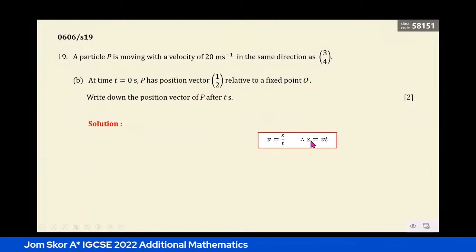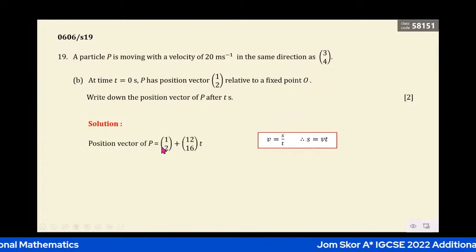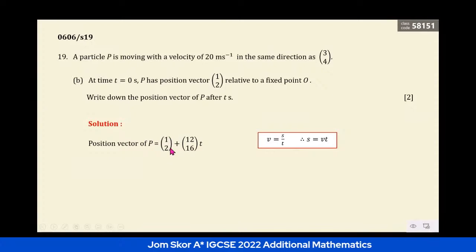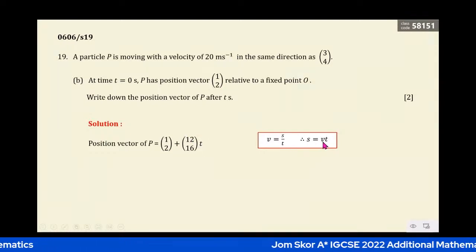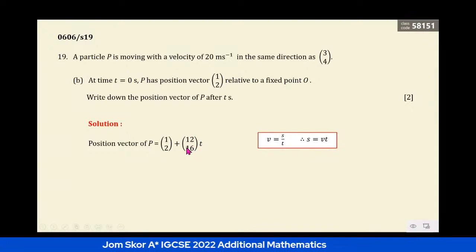Okay, so the position vector of P after T second can be written as initial position dia. Ini initial position, it is given already here. So 1, 2 plus, okay, this is after the displacement after T second. So 12, 16 ni dapat daripada soalan A tadi.